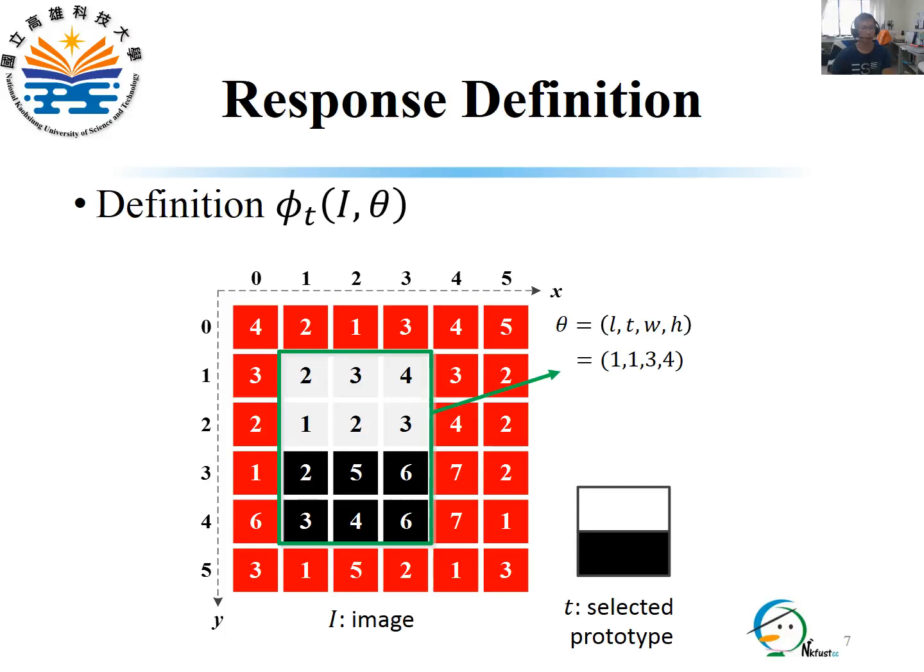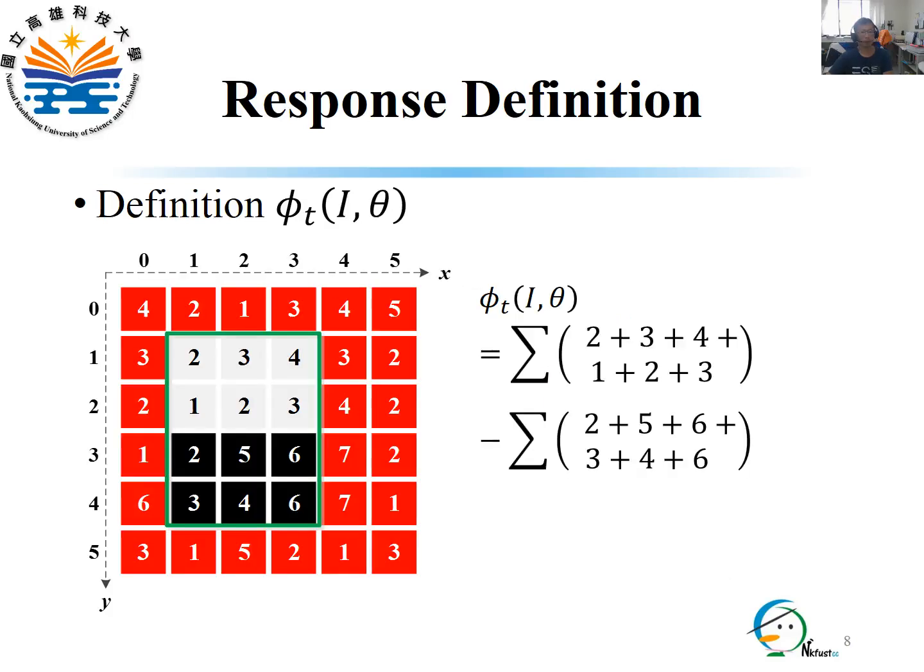Here is an example of a Haar-like rectangle with θ equal to (1, 1, 3, 4) and with this selected Haar-like prototype. The response of this Haar-like rectangle is the sum of white points minus the sum of black points. That is 15 minus 26, which equals minus 11.